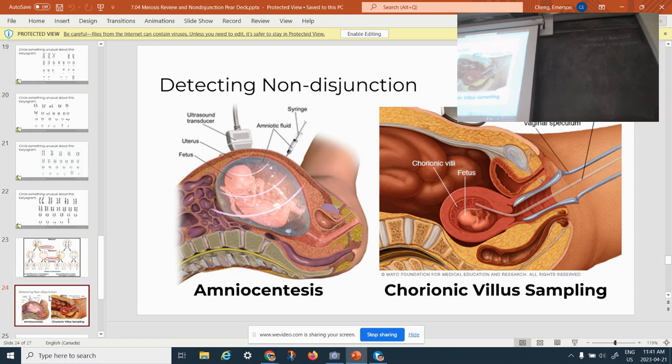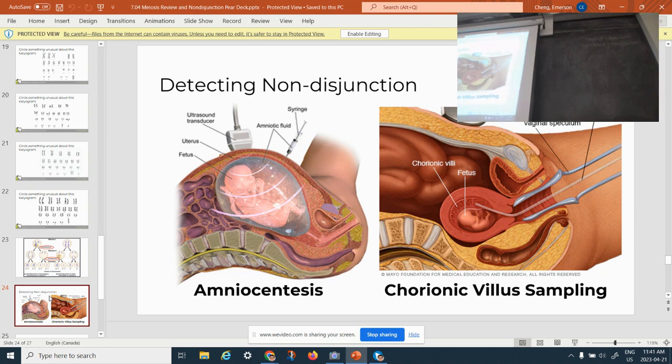Some of the fluid will have the baby's DNA, so you can do a karyogram or karyotype and see whether that child has a certain problem or not. Typically, it is done on a doctor's recommendation after one of the earlier structural ultrasound tests.